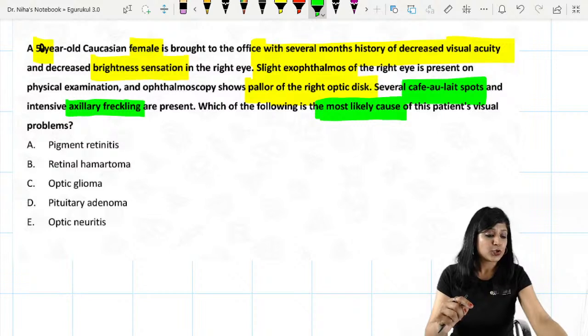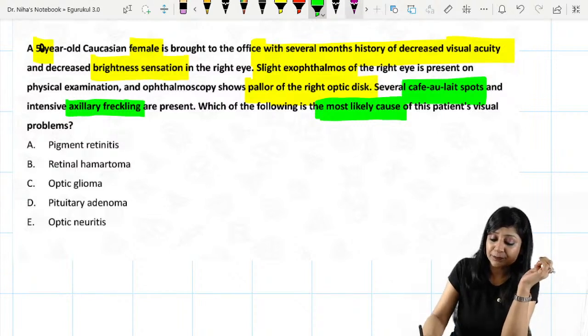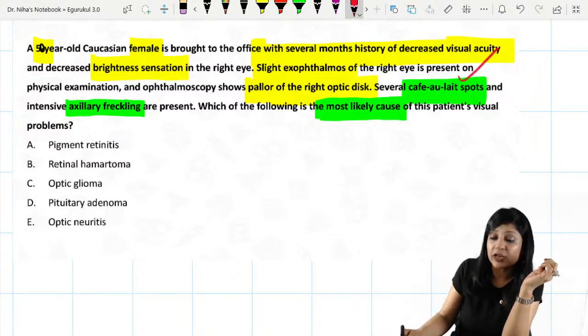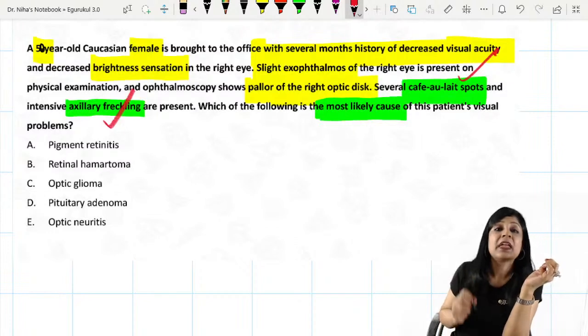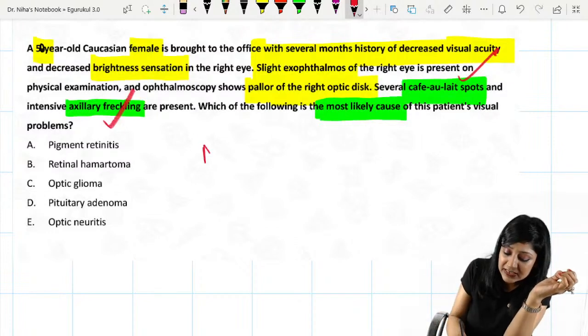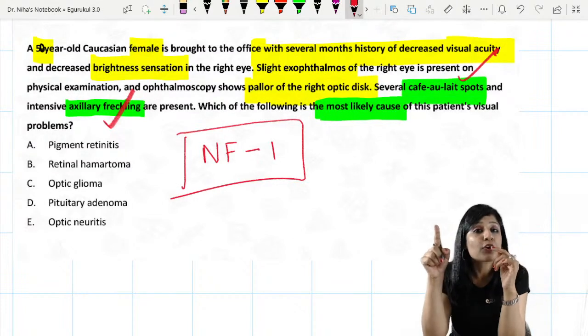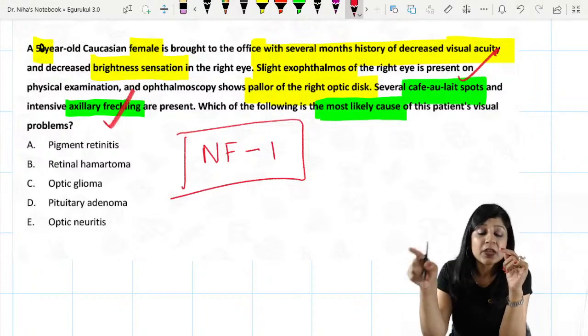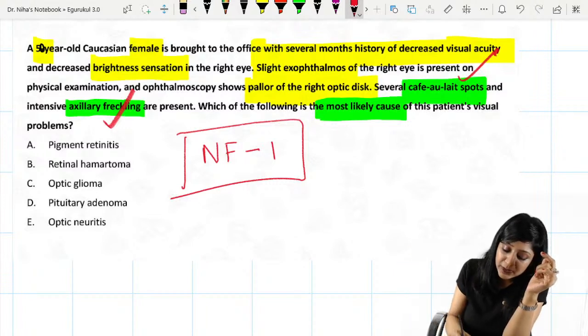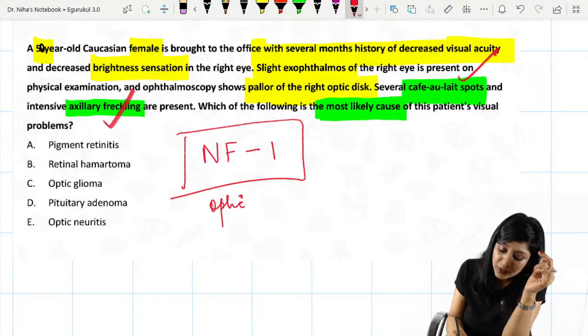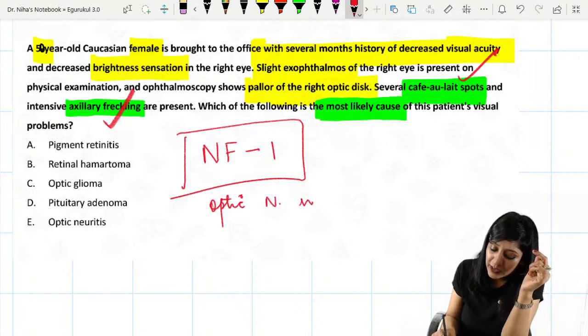Very good. So obviously if I look at the café au lait spots or the axillary freckling, this is a case of neurofibromatosis 1. Now what can be present in a patient of neurofibromatosis 1 due to which I can have optic nerve involvement?